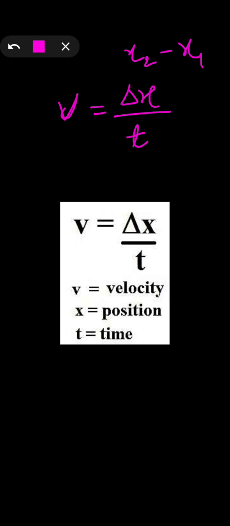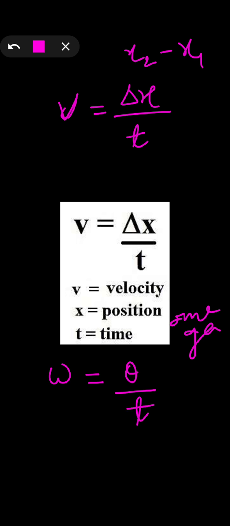And similarly for angular velocity, here we are using the word omega, and it is also equal to displacement upon time. But since it is angular velocity, it will be given as the change in angular displacement with respect to time. So it can be given as angular displacement, that is theta upon time.